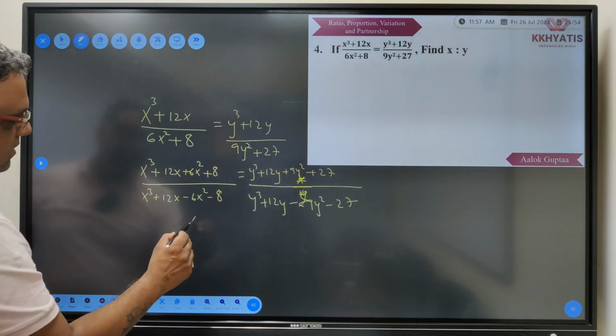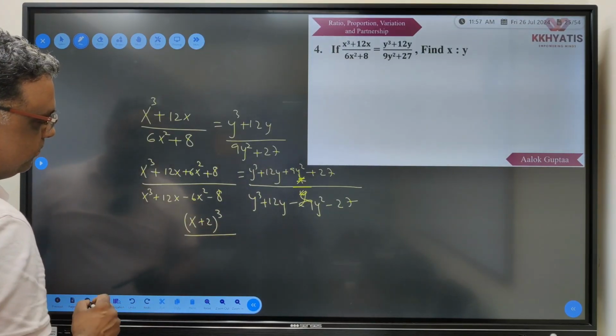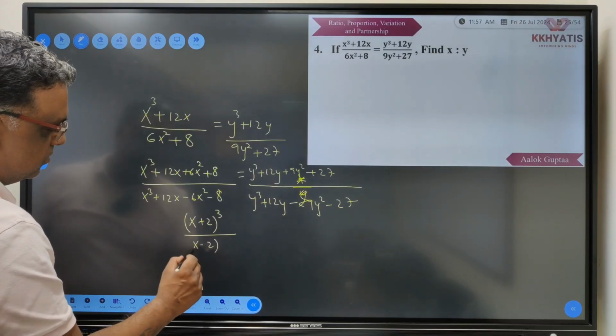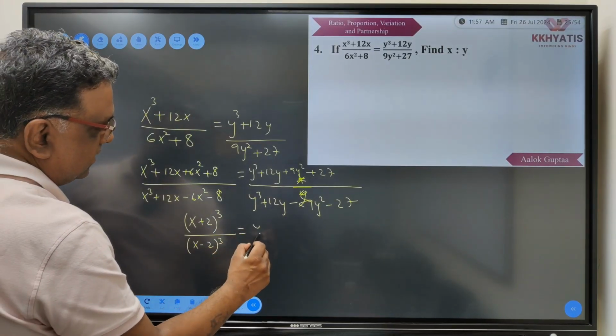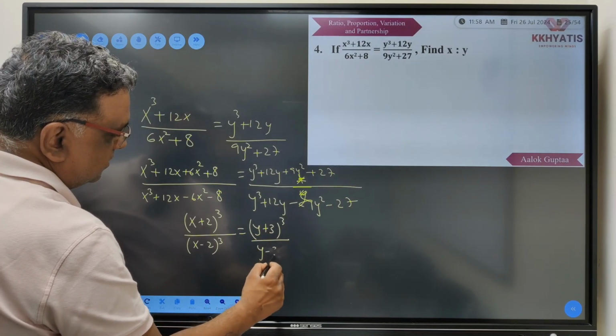So this I can write as x plus 2 the whole cube upon x minus 2 the whole cube, and that I can write as y plus 3 the whole cube upon y minus 3 the whole cube.